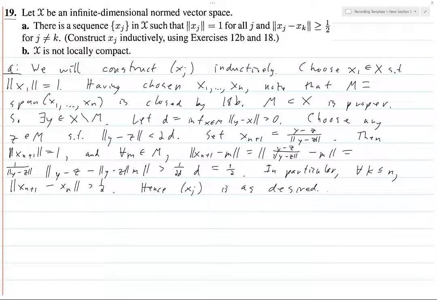Alright, so now we want to do part B. I don't think that this is going to fit here, but let's just start going anyway. So we want to prove that X is not locally compact.